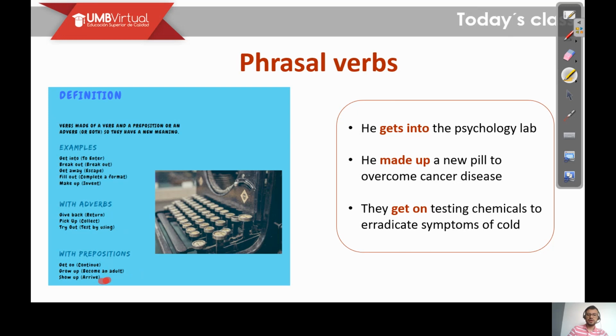Show up, it's to arrive to a place, for example, to a meeting, and you show up when you finally get into the place. Examples: he gets into the psychology lab, he made up a new pill to overcome cancer disease, they get on testing chemicals to eradicate symptoms of cold and things like that.